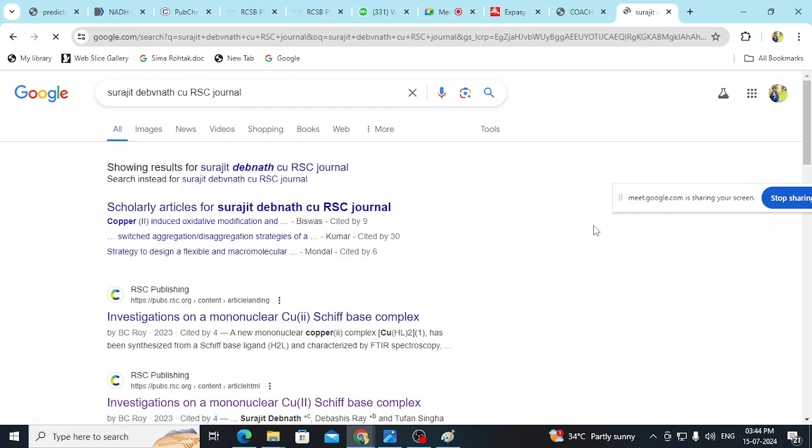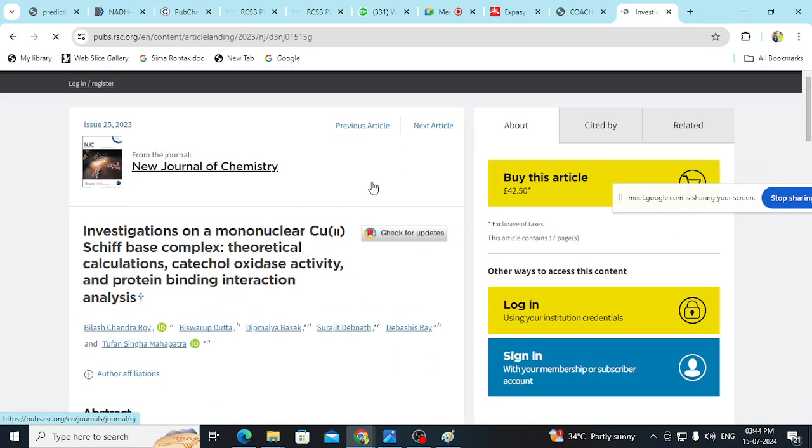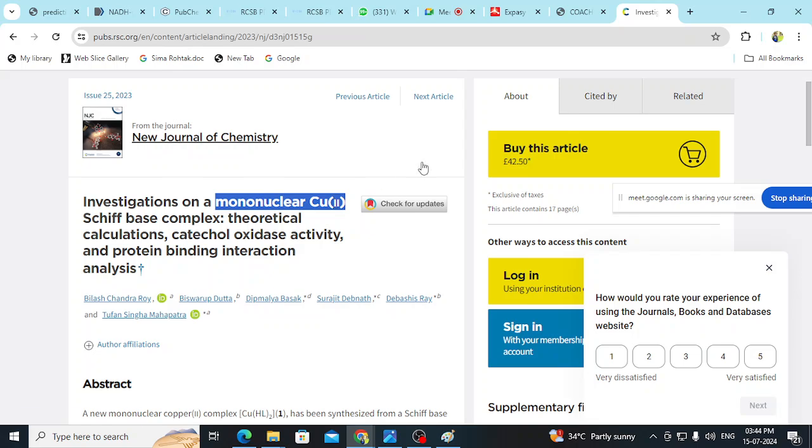So in this paper, what we did was the wet lab study first. We started with this particular mononuclear copper, which has a kind of transition element behavior, and we also found out that this particular architecture of the molecule will have some biological property.